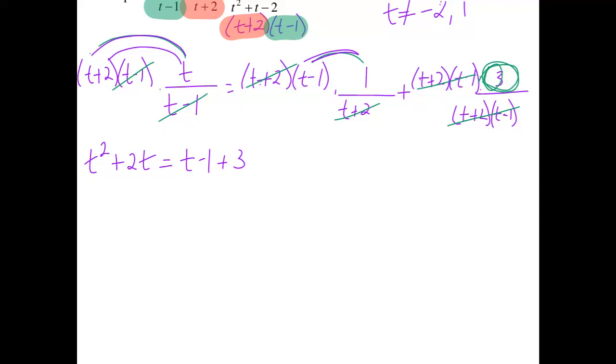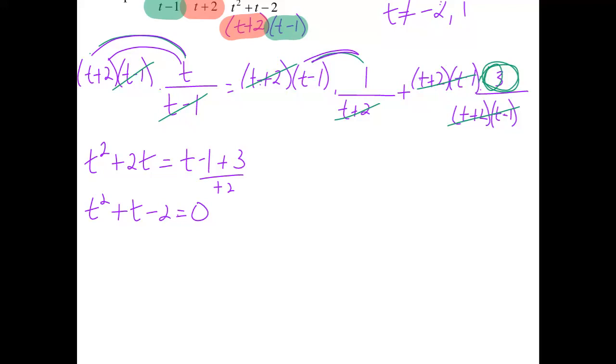So I want to move everything in this case to the left to keep the t squared a positive value. So we can have t squared, and then we'll subtract over the t, so we get plus t. This would equal plus 2, so we need to subtract over a 2 to solve the equation there and get 0.